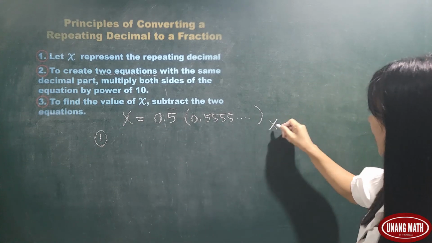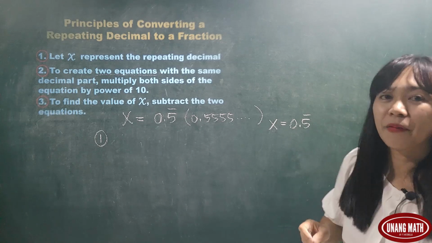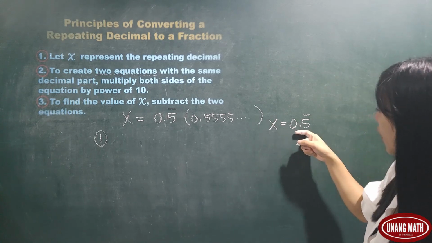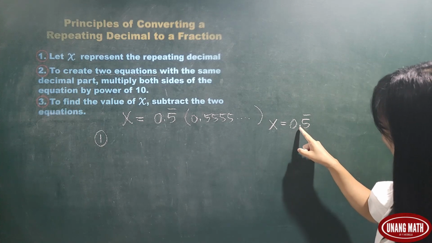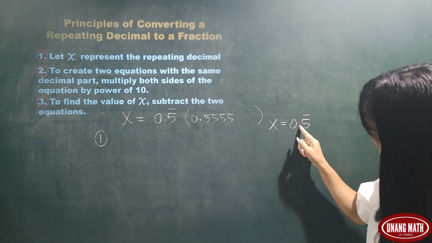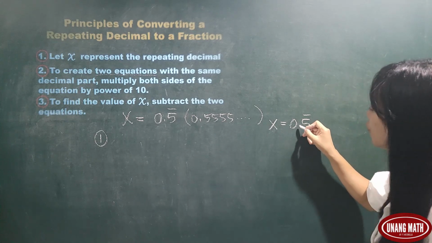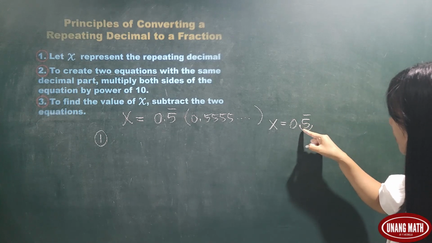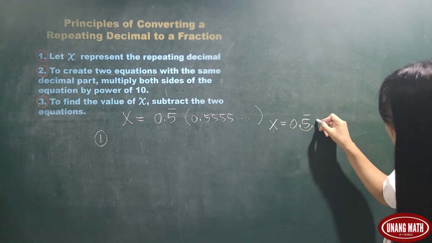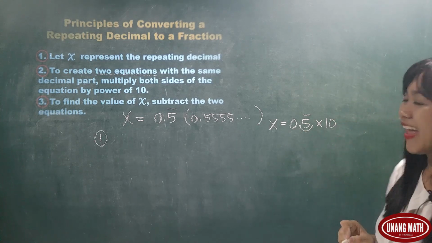Okay, let's get our equation. x is equal to 0.5 repeating. We have to multiply this equation by the power of 10 until all the digits are on the left side of this decimal point. So that means we have to move this decimal point 1 time to the right. Moving this decimal point 1 time to the right means we have to multiply this number by 10.